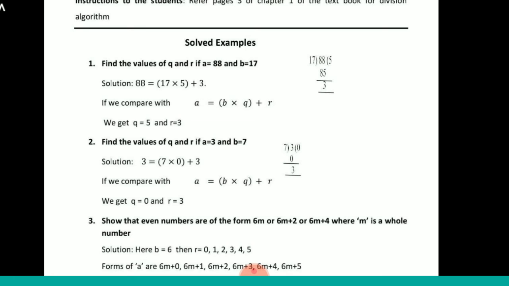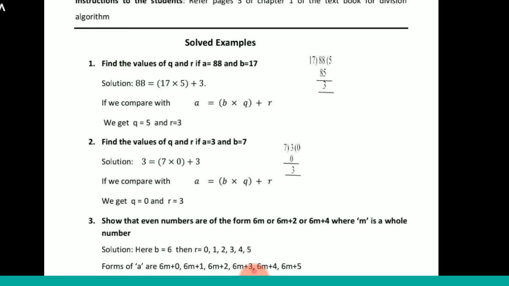Whenever b is 7 and the a value is 3, it is not actually divisible, but we have to know how to write it in the form a is equal to bq plus r. Here 3 divided by 7: you just write 7 zeros are 0.